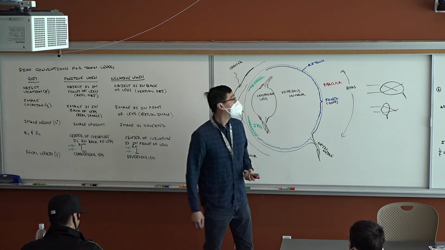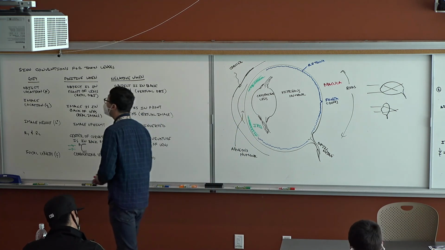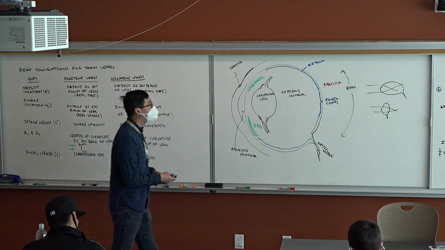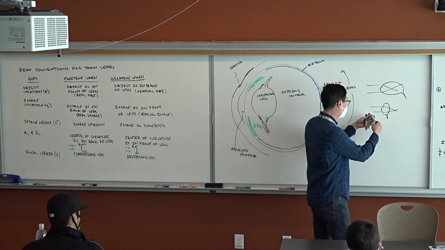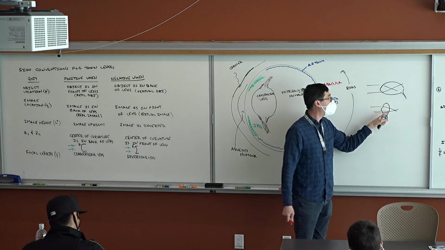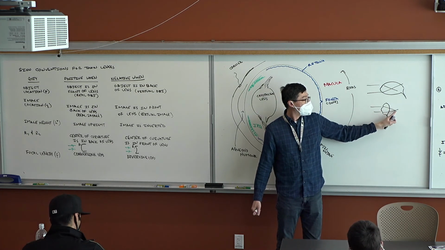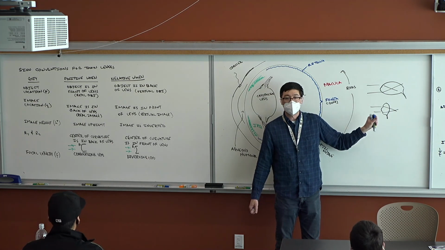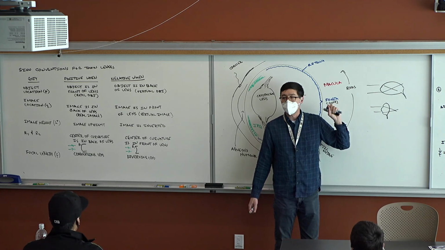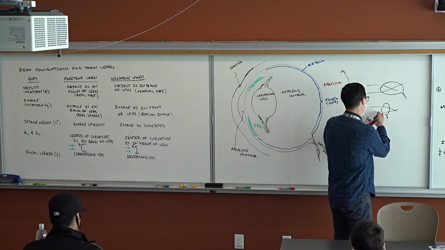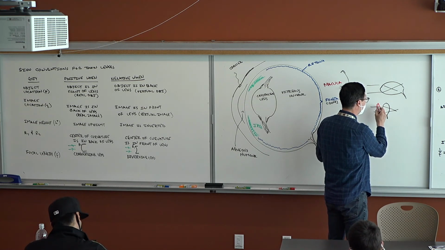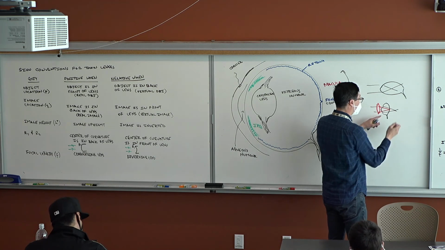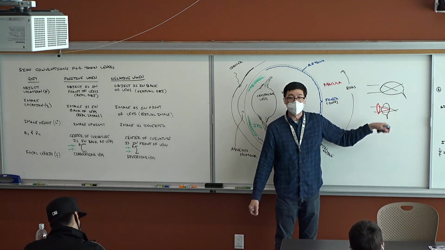So what kind of lens is going to bring the light back this way, converging or diverging? Converging. If I put a converging lens here, it's going to make the light converge sooner.